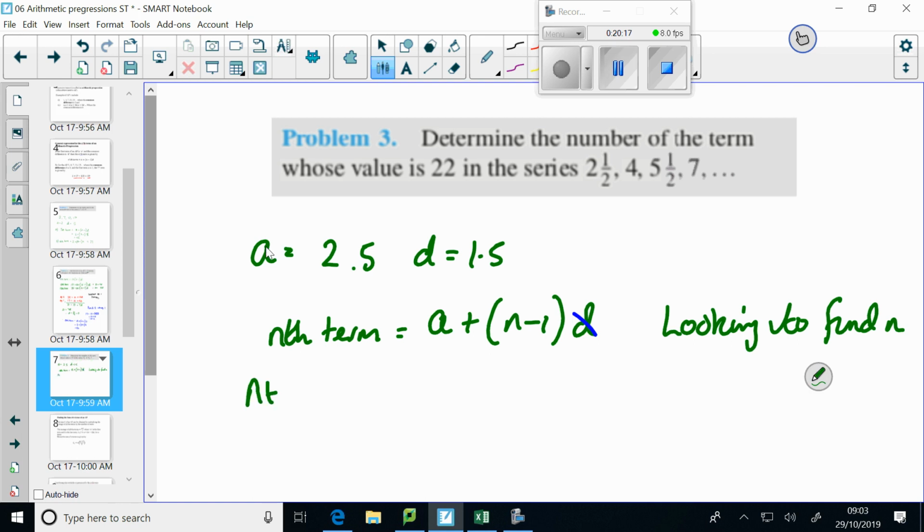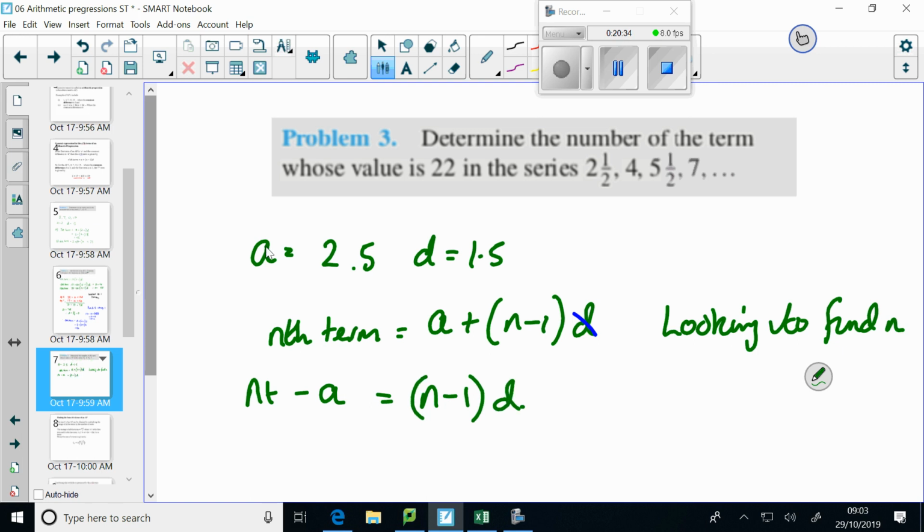So the nth term minus a is equal to n minus 1 times d.